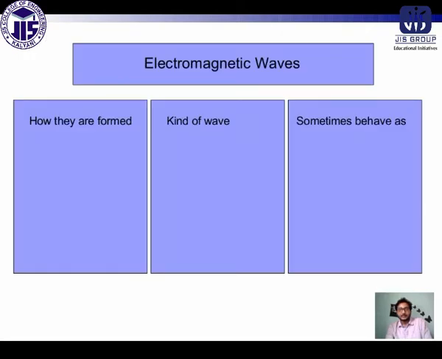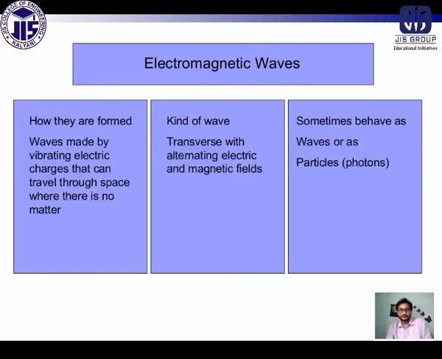Next, we have seen electromagnetic waves, how they are formed, and the different kinds of waves. We know that these waves are made by vibrating electric charges and can travel through space even where there is no matter.